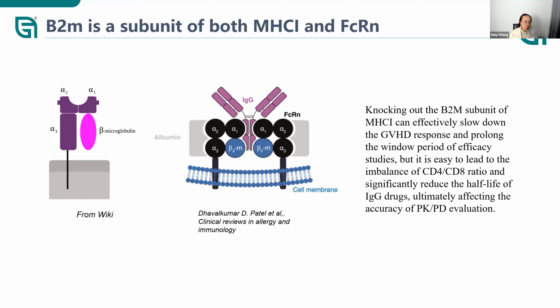So when we delete B2M, it will destroy the structure of MHC1 and FcRn, which slows down the occurrence of GVHD, but also significantly reduces the half-life of IgG drugs, affecting PK/PD evaluation.